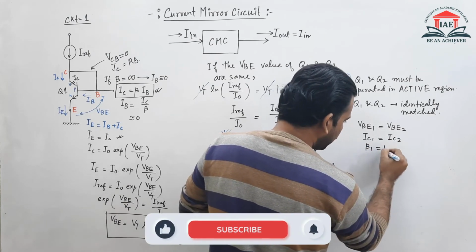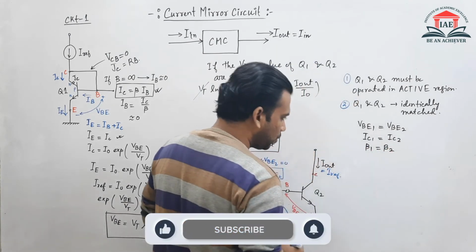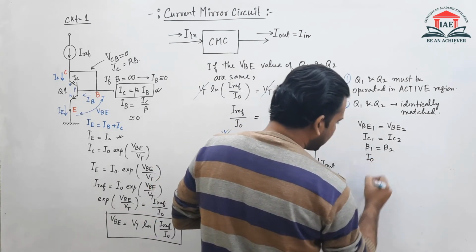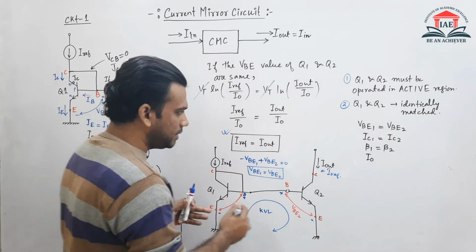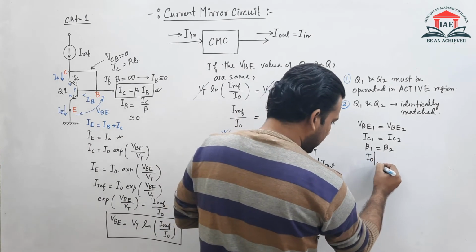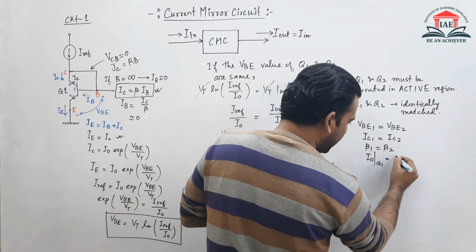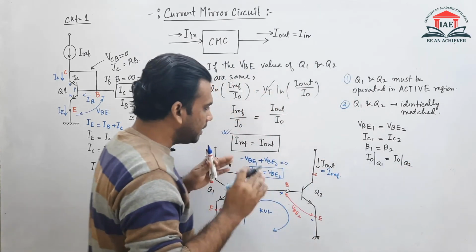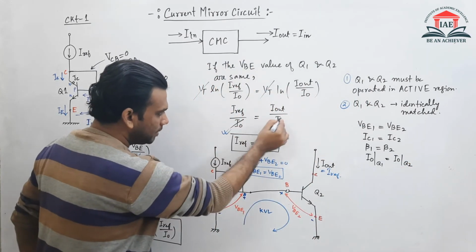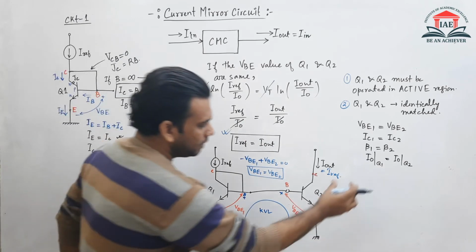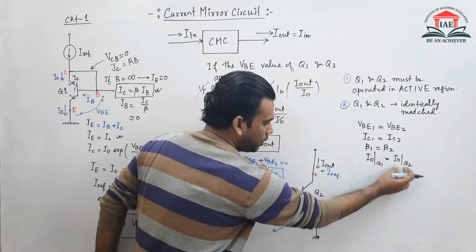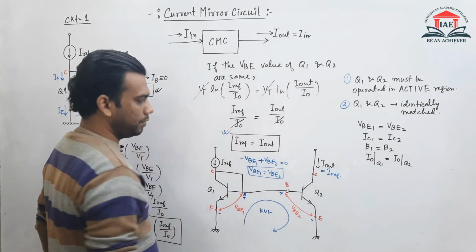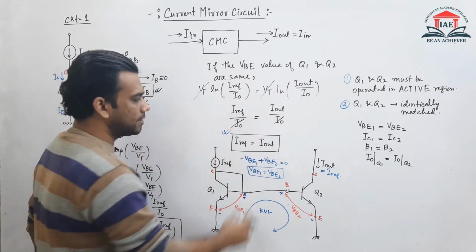Beta 1 should be equals to beta 2 and the reverse saturation current of Q1 transistor should be equals to reverse saturation current of Q2 transistor. Then only we can cut this I0. If this I0 and this I0 are not equal, then how can we cancel this from the right hand side and left hand side?